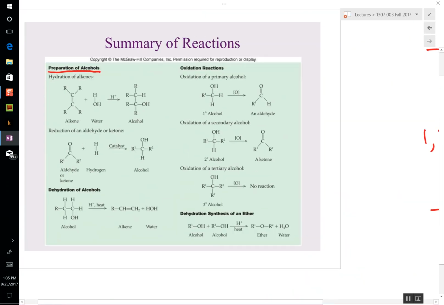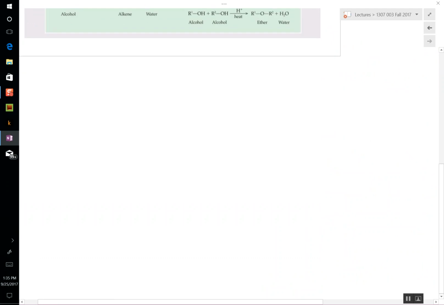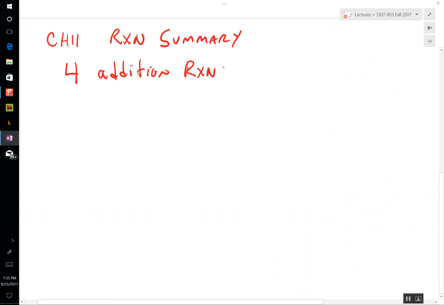Let's see. This is a chapter 12 summary. Chapter 11 summary, let me put right underneath it. Chapter 11 reaction summary. Most critical thing is 4 addition reactions to alkenes.